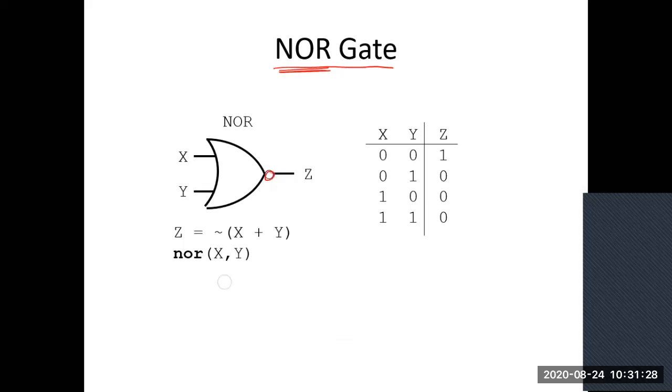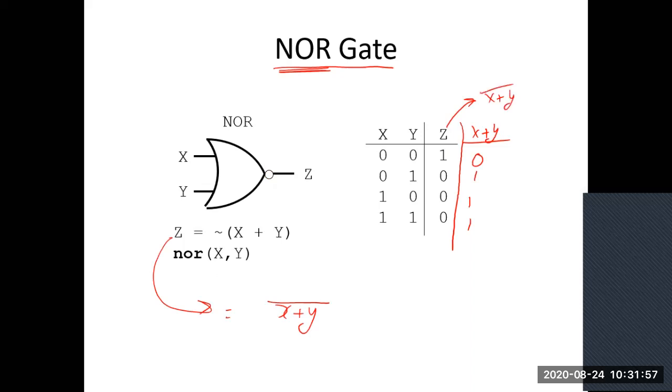So this is basically X plus Y and the complement of that. X plus Y you already know: whenever you are doing the OR operation and there is any 1, your output is 1. So in these three cases, your output is 1, and in this case, there is no 1, so your output is 0. So for this one, you need to complement these things.